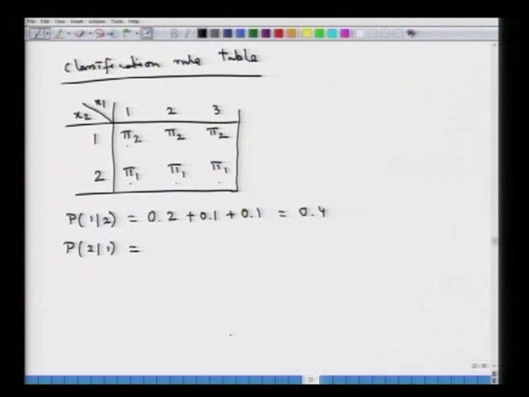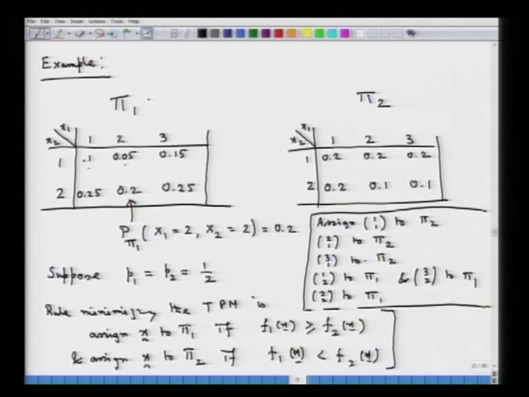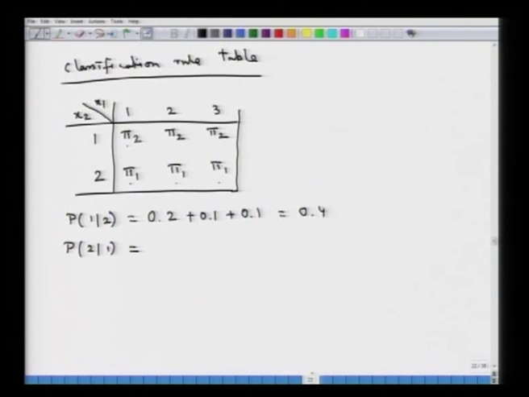So, the total probability of this event of coming from 1 and getting put into the second population would be just the sum of these three quantities. So, what we now have is 0.1 plus 0.05 plus 0.15, so that this is equal to this.